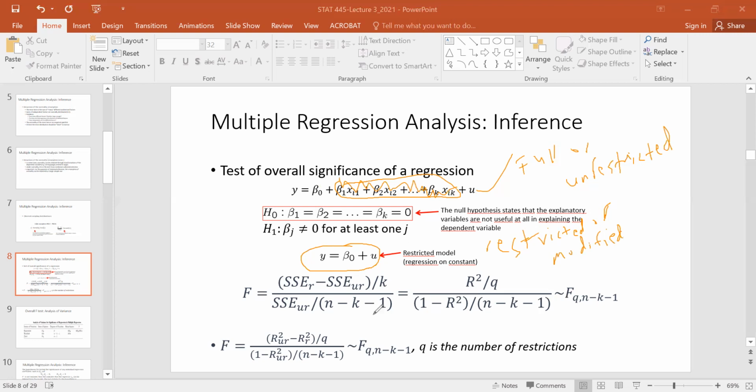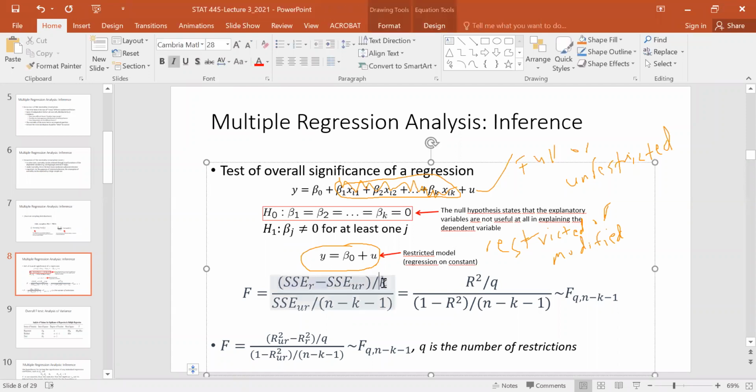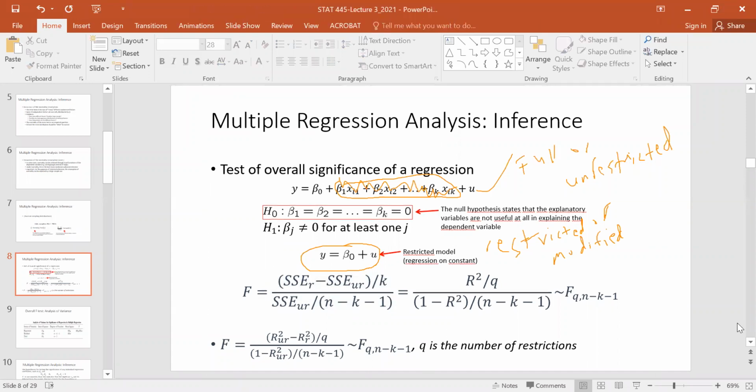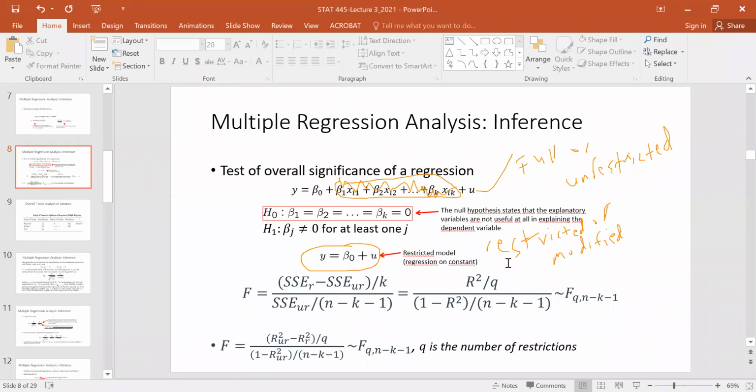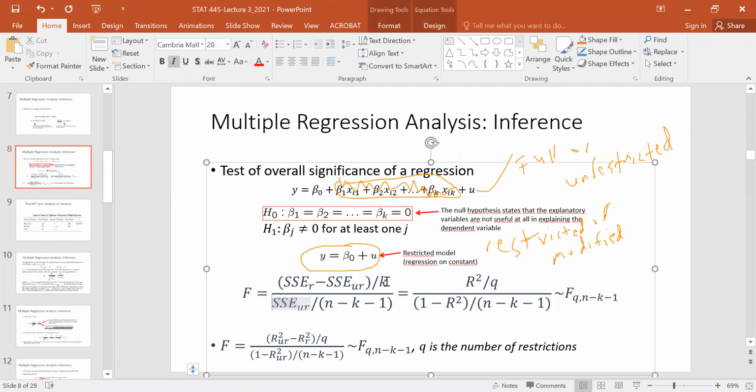Okay, so this is the F statistic we are going to use to test the overall significance of the model. Let me make a correction here. I prefer to put Q here, and you will soon see why it makes things easier.